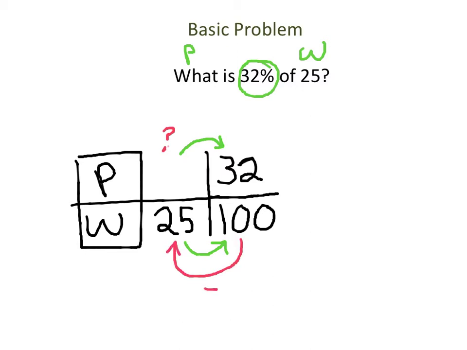Oh, I divide by 4. I do the opposite. So 100 divided by 4 gets us 25, which means if we divided the bottom by 4, we're going to do that to the top. 32 divided by 4 is 8, which means the answer to this question is 8. 8 is 32% of 25.